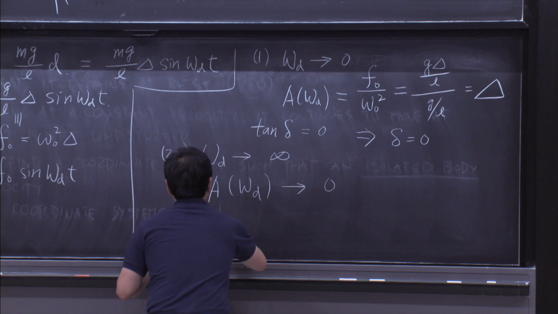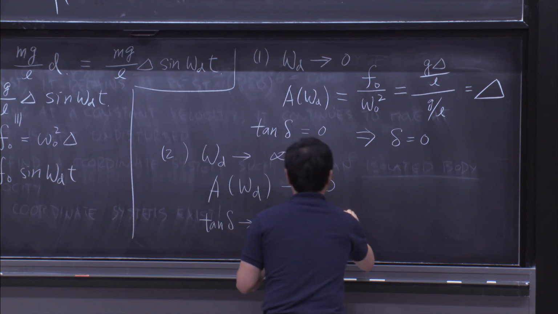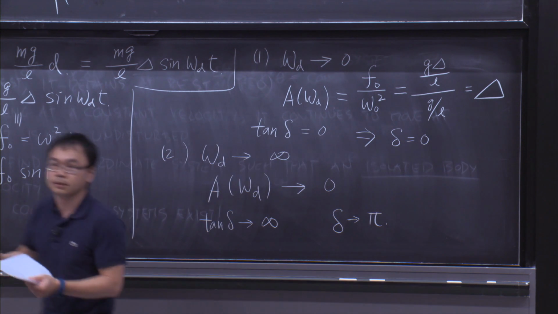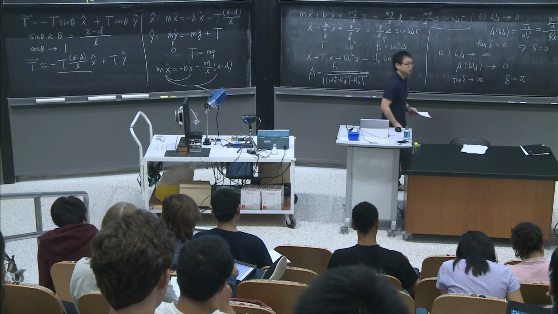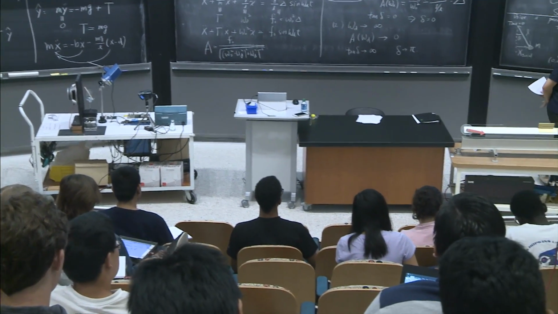And also tangent delta will go to infinity. Therefore, delta will go to pi. So that means they will be out of phase, okay? Any questions so far in these two limits?